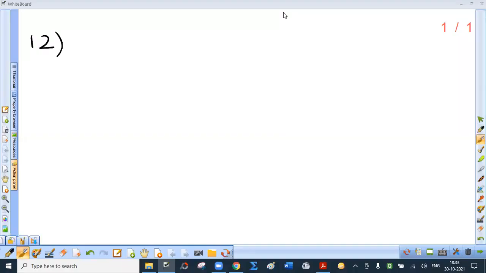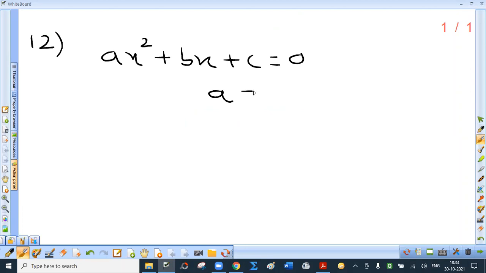Sum 12. How many quadratic equations can be formed using numbers 0, 2, 4, 5 as coefficients if a coefficient can be repeated in an equation? Okay, now what is a quadratic equation? Don't write. Let me explain first. ax squared plus bx plus c equal to 0, provided a is not equal to 0, right?